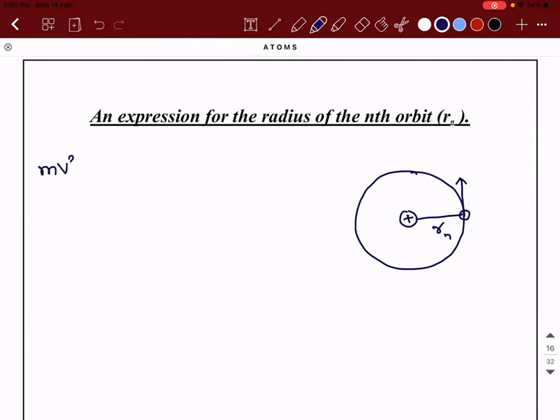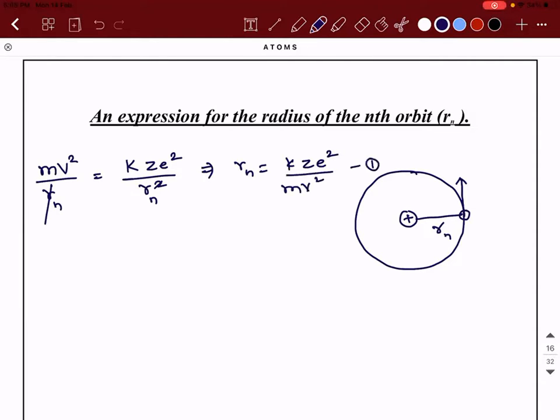That is mv square divided by Rn is equal to k into ze square divided by Rn square, which implies Rn is equal to kze square divided by mv square. Let me take this as equation number 1.